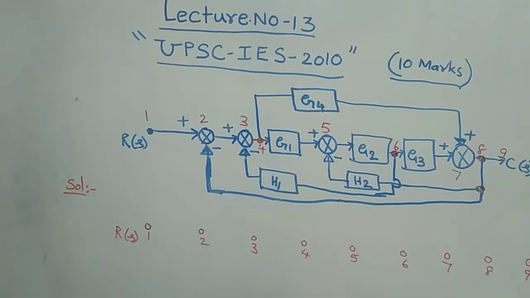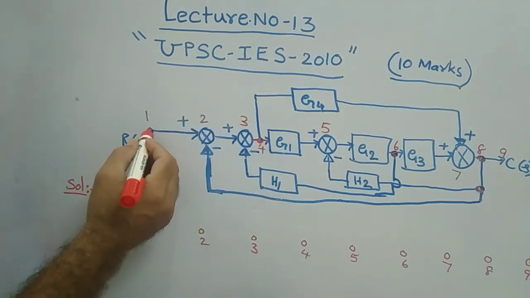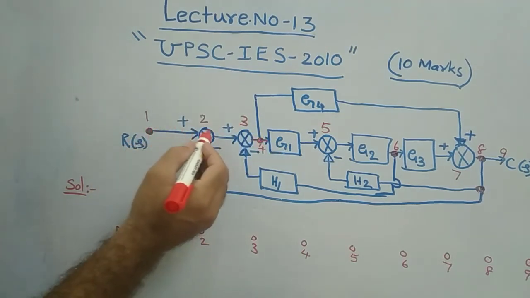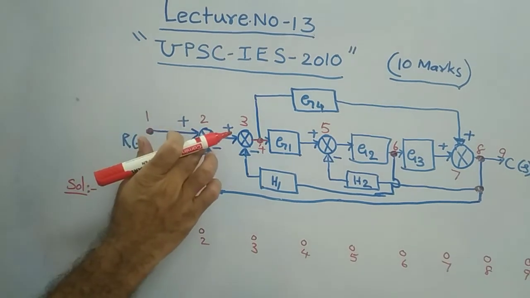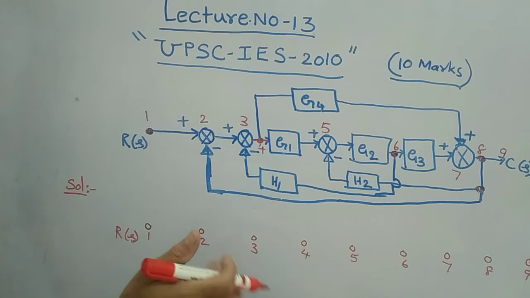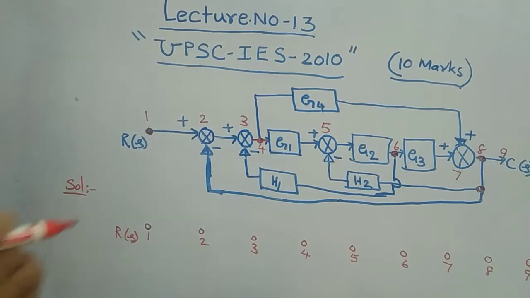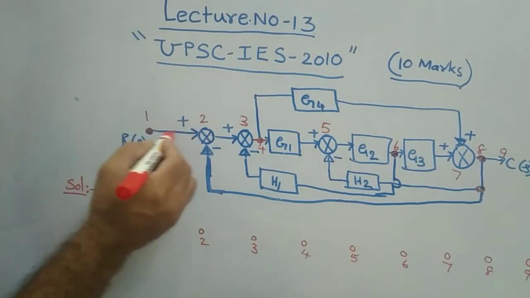So follow carefully. See this block diagram, between node 1 and node 2. This summing point is nothing but node 2. While talking about the signal flow graph, I don't talk about summing points and takeoff points. I consider everything in terms of nodes only. Between 1 and 2, what is the path?